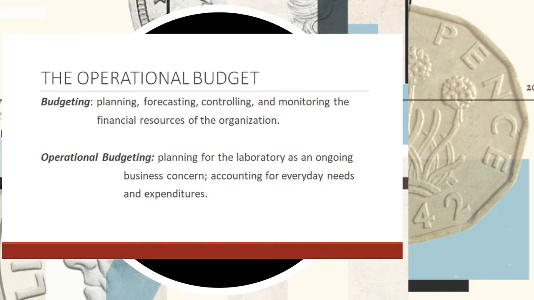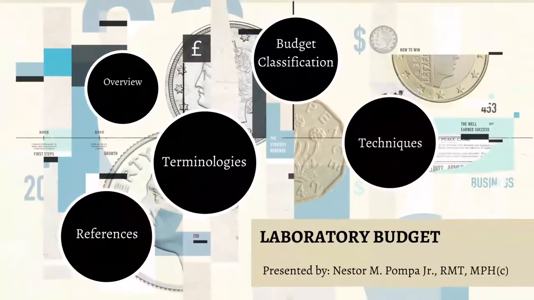A budget serves as a tool and a benchmark for monitoring the performance of the organization throughout the fiscal year. While operational budgeting is the process of planning for the laboratory as an ongoing business concern, including accounting for everyday needs and expenditures. It represents the financial parameters of the laboratory goals for the coming year.